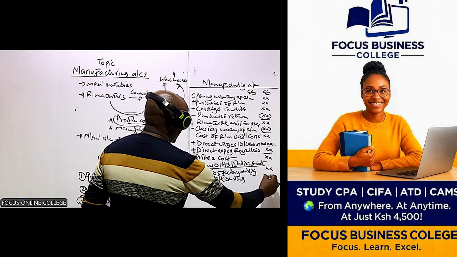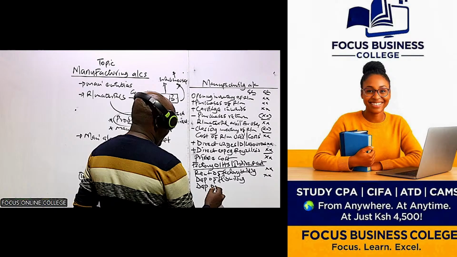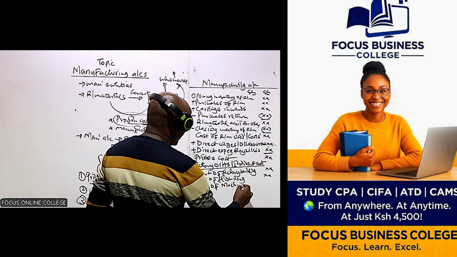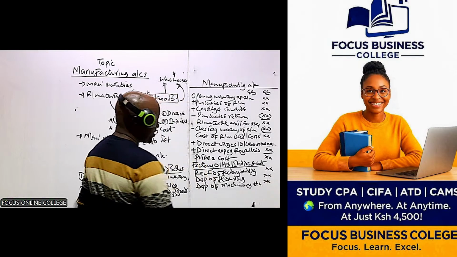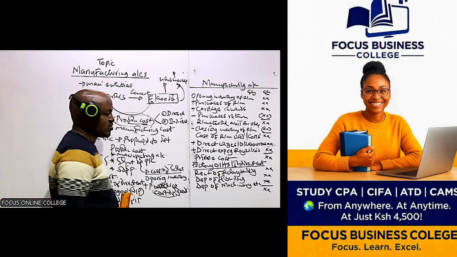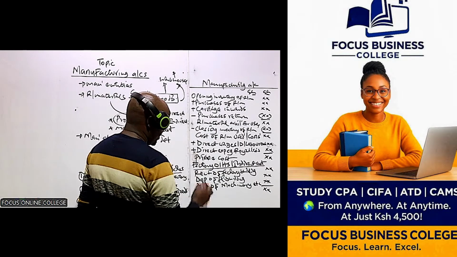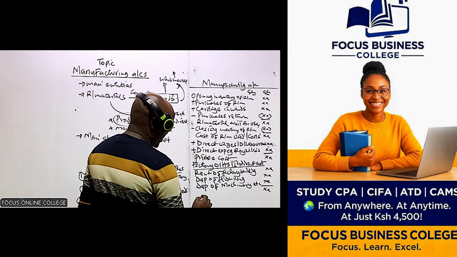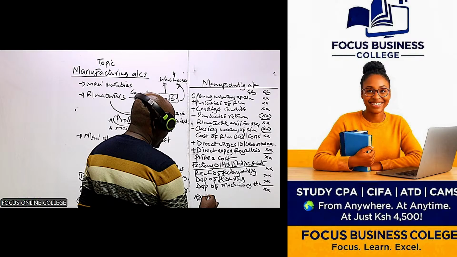So we also have maybe depreciation of machinery, etc. So those are basically good examples of indirect costs which are incurred in the factory.